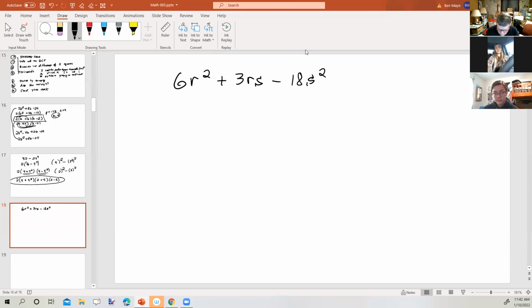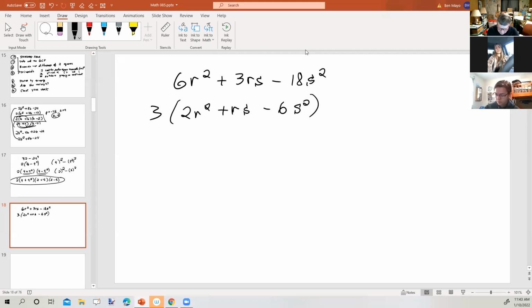It has 2 variables, but it is in standard form in terms of r squared, r, no r at all. It has a greatest common factor, which is a 3. So we'll factor out the 3, 2r squared plus rs minus 6s squared.